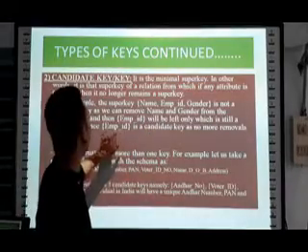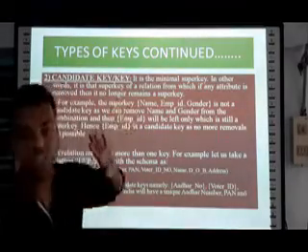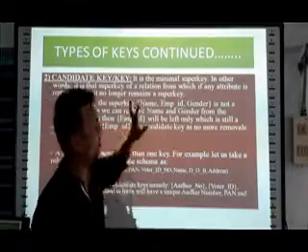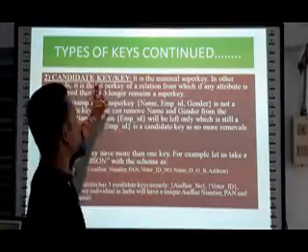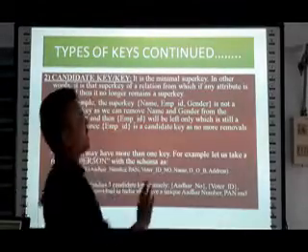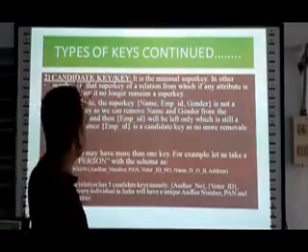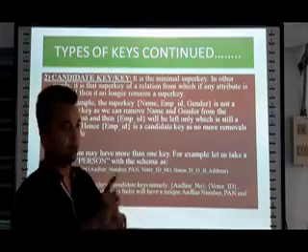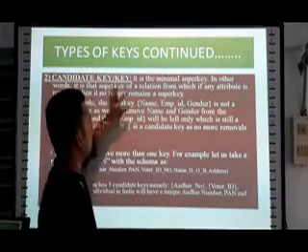Okay, so such kinds of super keys with a minimum number of attribute values are also known as candidate key or generally key. Key and candidate key are both used interchangeably. Both are used together.